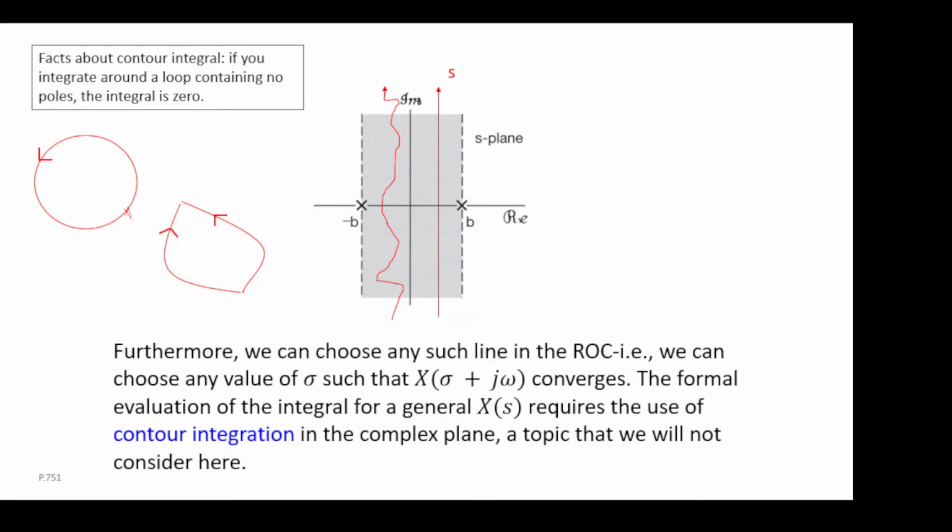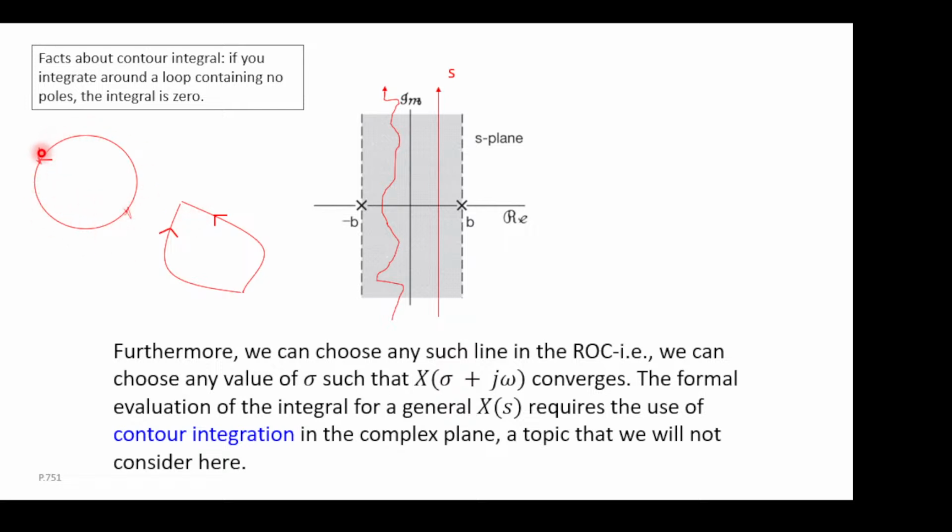think about breaking the circle into this part and this part. So this plus this should be 0. Then if you reverse this part, that means you integrate from here to here, and you integrate from here to here, those integrations should give you the same thing.